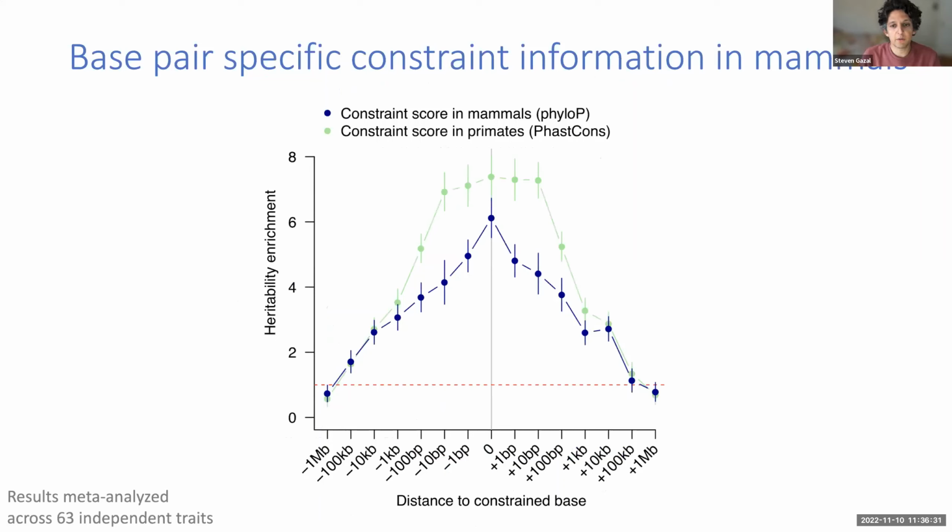So the next thing we did is just to validate the resolution of our score. We plotted the heritability enrichment as a function of the distance to a constraint base. What we observed for mammals is that we were able to observe this base pair resolution, where we have higher enrichment at the constraint base, but lower enrichment when you get further away.